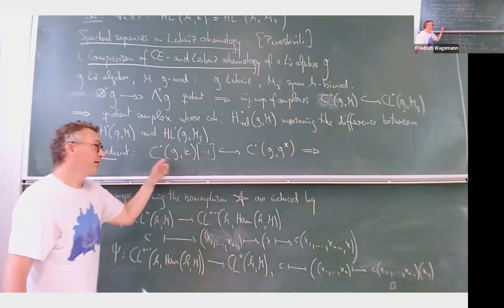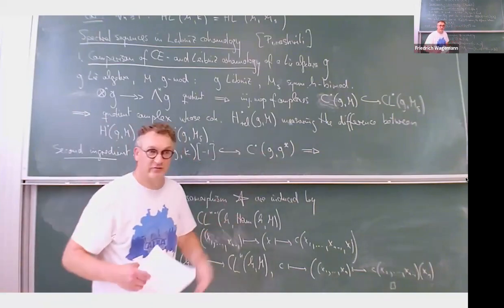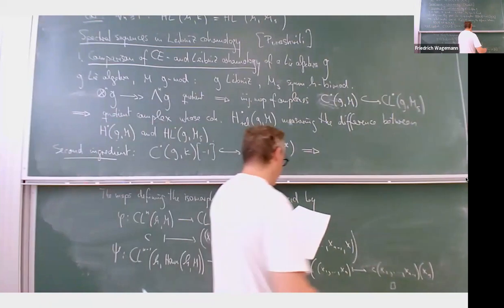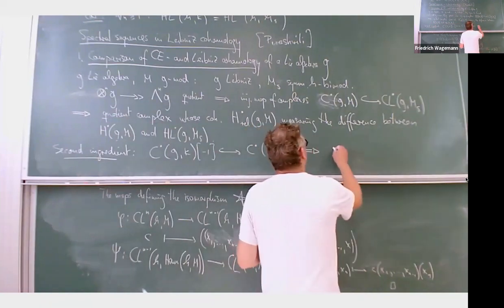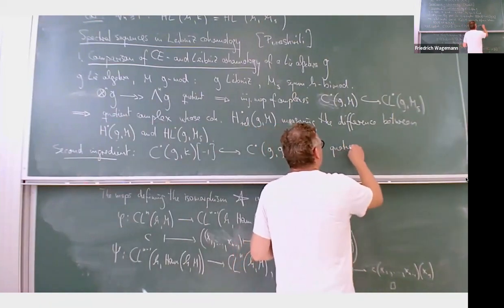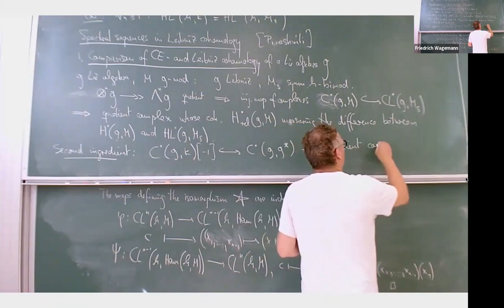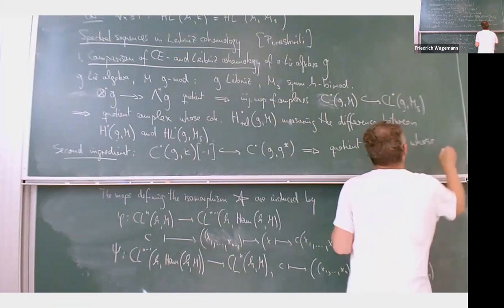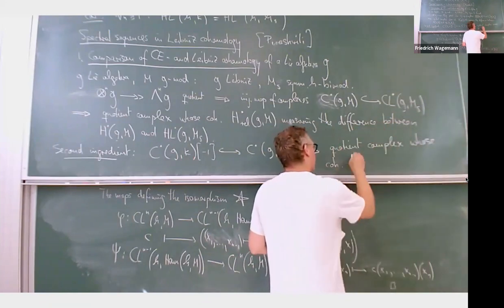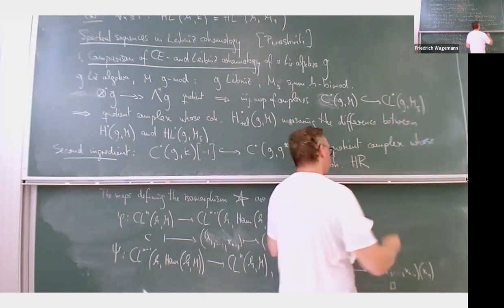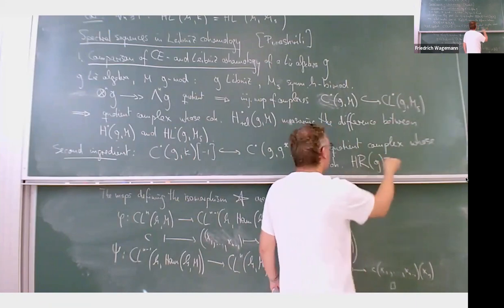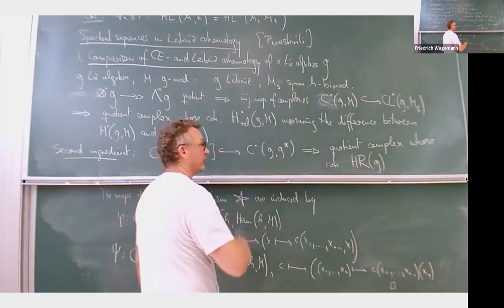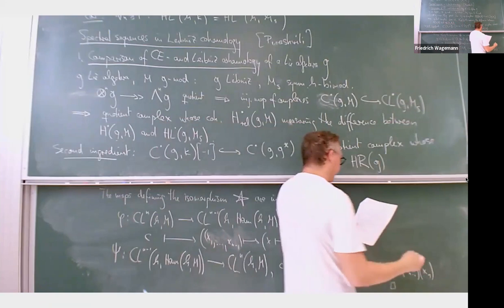So this is only an inclusion. This is not an isomorphism. And you again get a quotient complex whose cohomology is called HR of G. Now there's no module here, so it only depends on G.